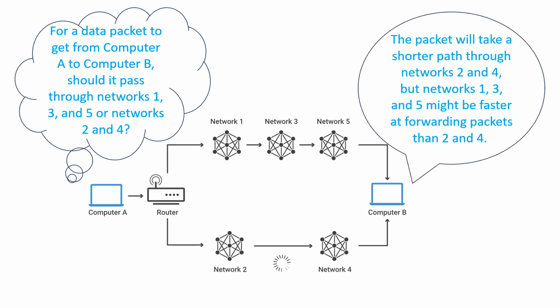The packet will take a shorter path through networks 2 and 4, but the route 1, 3, and 5 might be faster at forwarding packets than 2 and 4. So such kind of routing decisions are made by these routers.